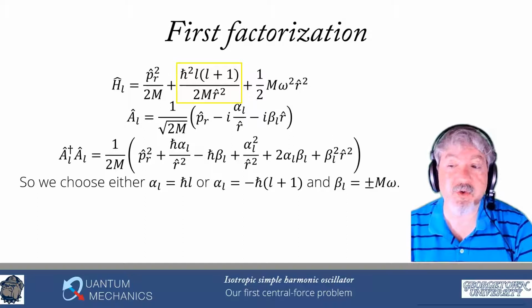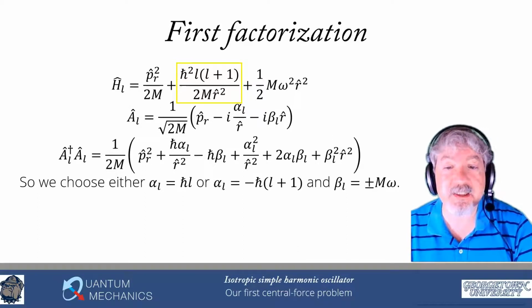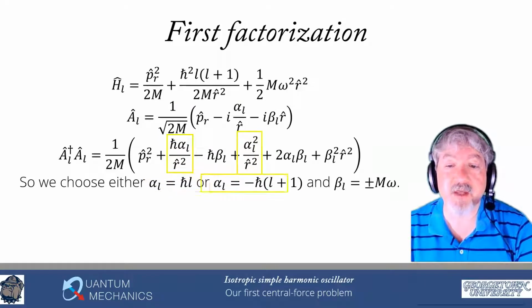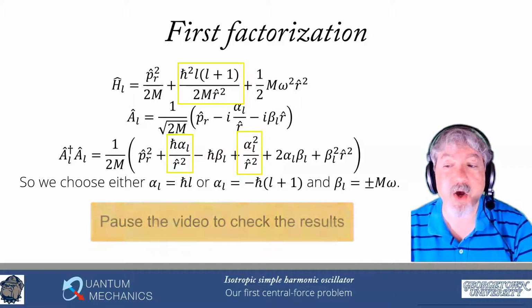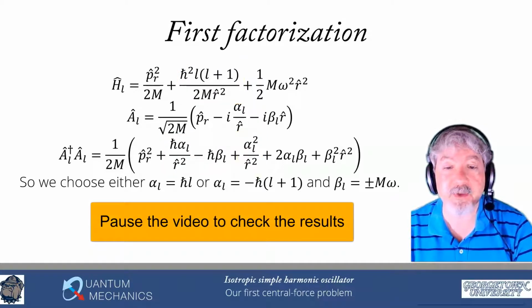There are two different choices because that's a quadratic in L. If you do not see that this works, that h bar alpha L plus alpha L squared, if I substitute in alpha L equals h bar L or alpha L equals minus h bar times L plus 1, if you don't see that both of those give me h bar squared L times L plus 1, then please pause the video, get out a piece of paper, and check and verify that that works.